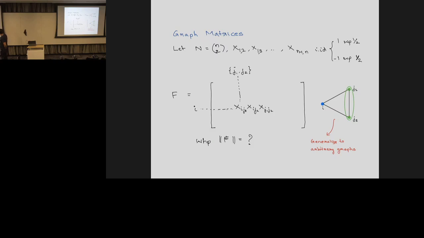I'm going to think of a graph where the vertices correspond to whatever is appearing on the rows and columns, and the entries correspond to the edges of this graph. There were 3 edges in this graph, between i and j1, i and j2, and j1 and j2, so I have a product of 3 entries. In general, you could have any graph here.